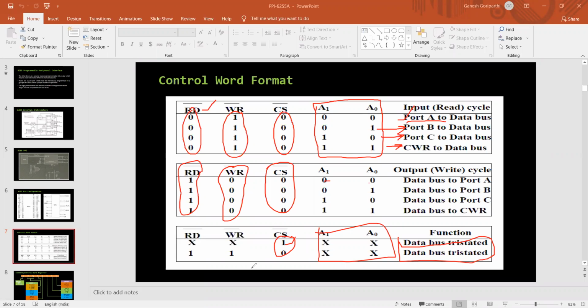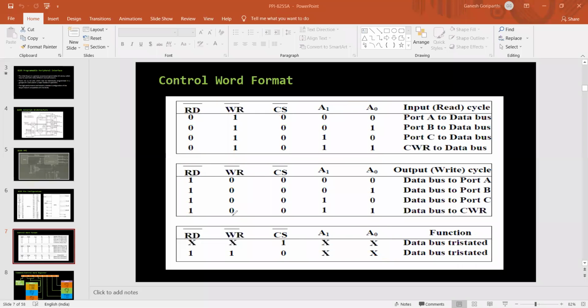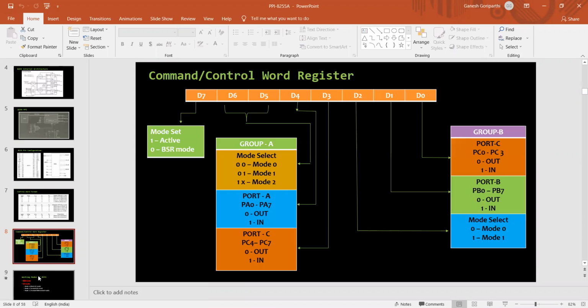Okay. Hope the point is clear to you. Let us now see the command word. Coming to the command word register, the contents of the command word are 8 bits.